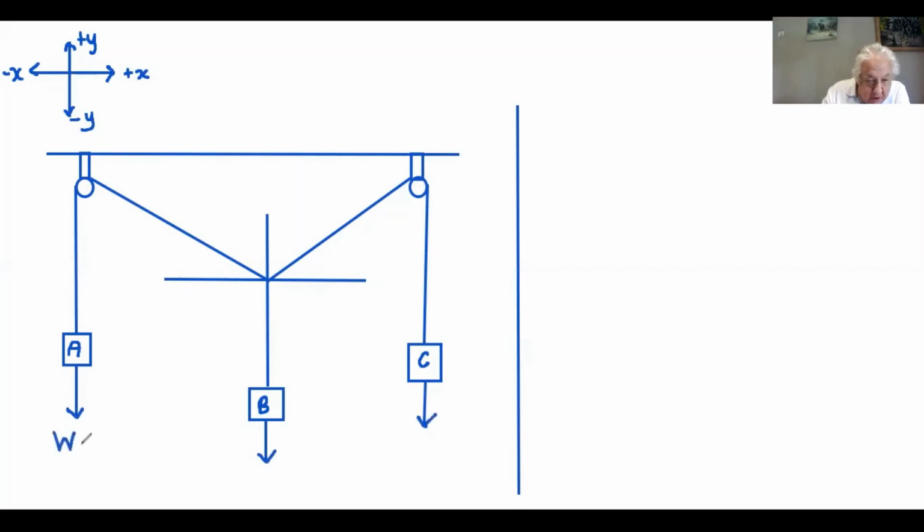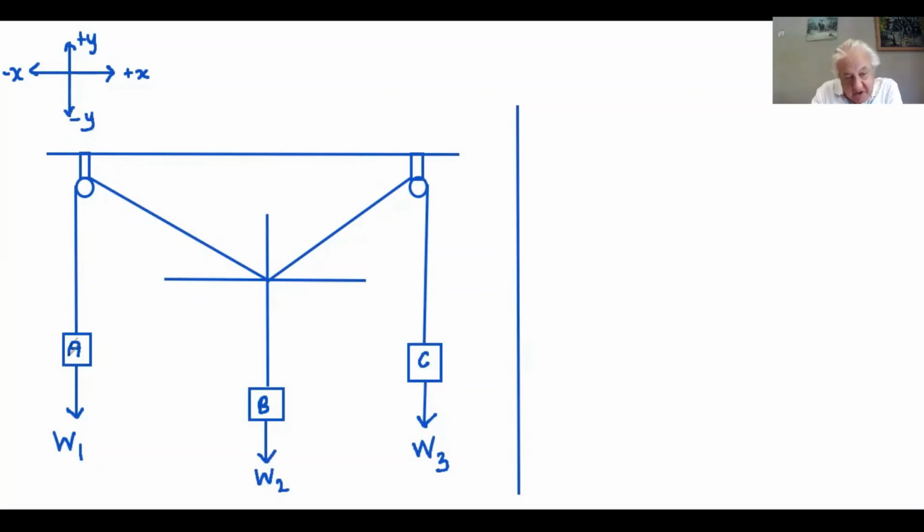So this is W1, W2, W3. Now, an important point is that these pulleys are frictionless and massless, and the string is uniform, or equivalently, another word for uniform is homogeneous, meaning the properties are the same throughout. In this case, the tension is going to be the same throughout.